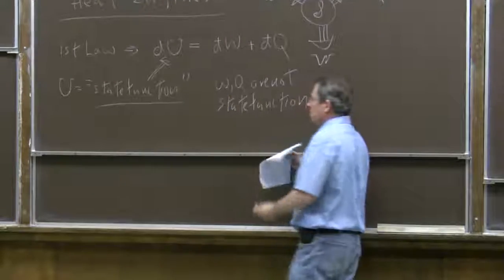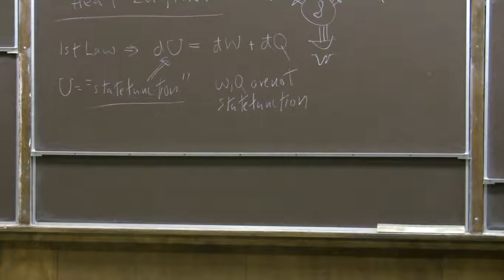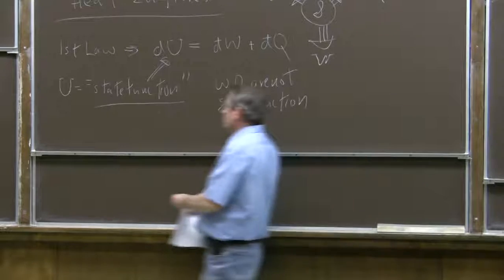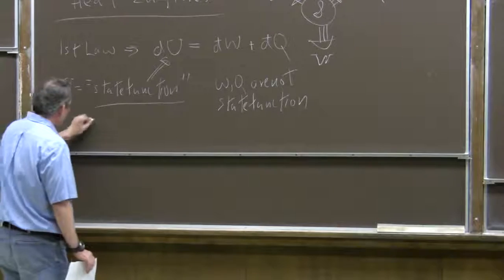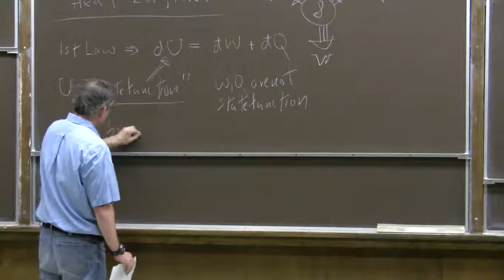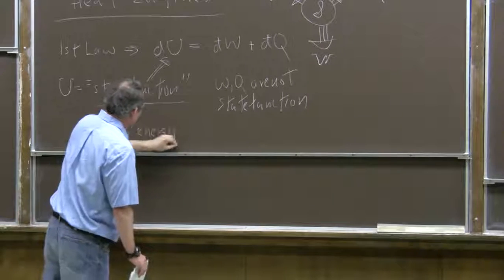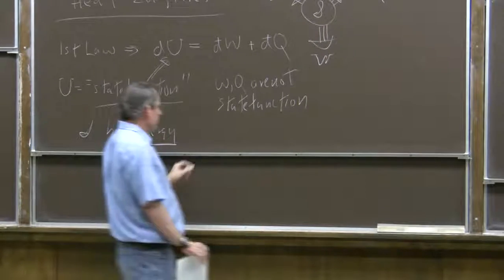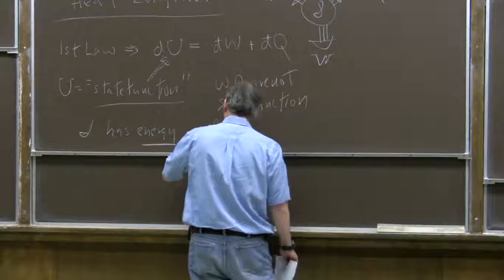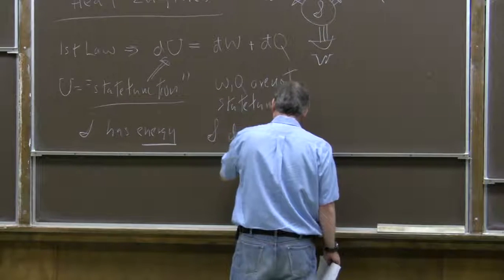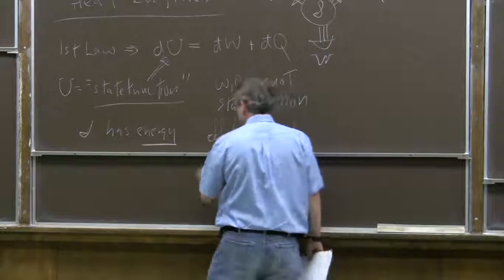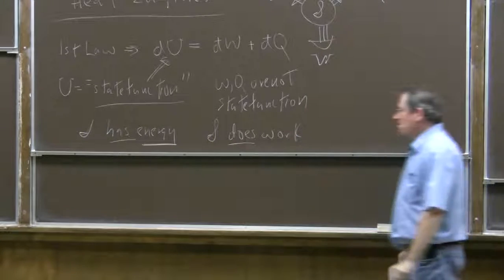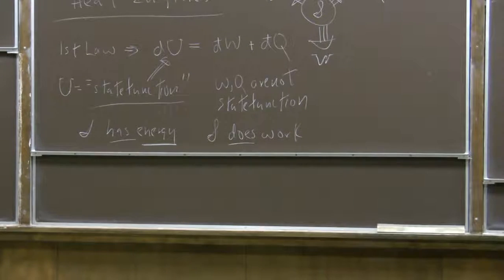So if you like, making, as usual, imperfect use of the English language, U is something that a system has. We can say it has energy, but it does work. Knowing what the state of the system is, we can say how much energy it has, but we can't say how much work it has.